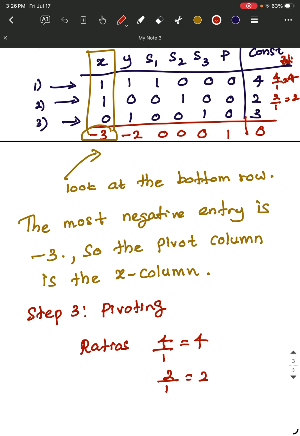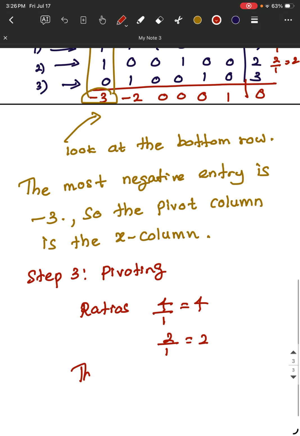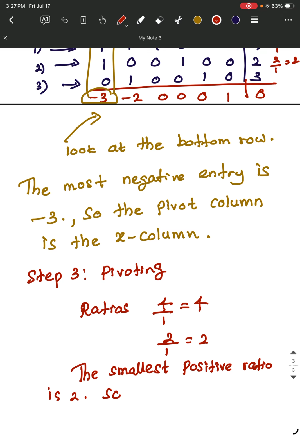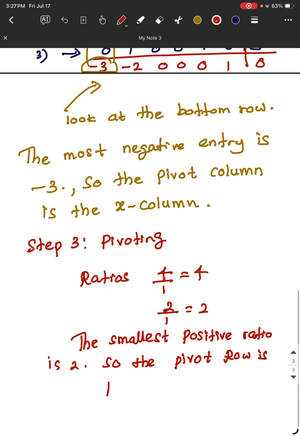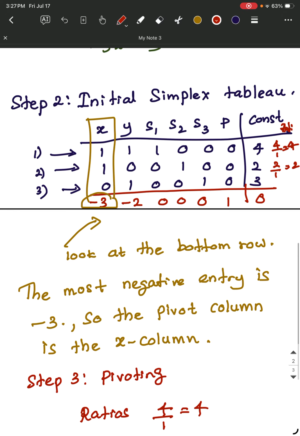The smallest positive ratio is 2. So the pivot row is R2, row 2.